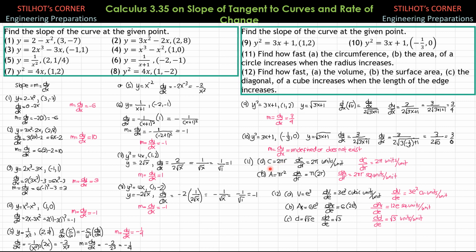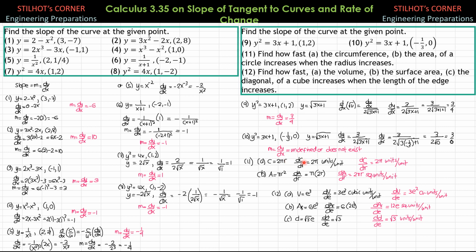That's the interpretation. 11. Find how fast A, the circumference, and B, the area of a circle, increase when the radius increases. So this is the rate of change of circumference with respect to radius, represented by the derivative of circumference with respect to radius. The circumference of a circle is 2 pi r. So the derivative of circumference with respect to r is the constant 2 pi, and the derivative of r with respect to r is 1, of course.